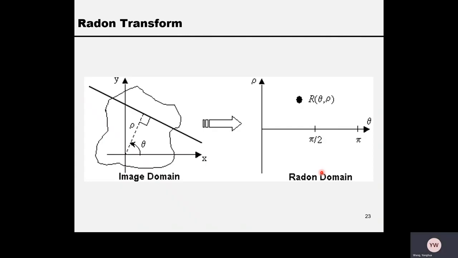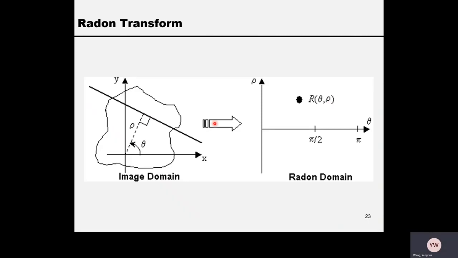The tau-p transform in other fields is called the radon transform. Here, I'll give an example. In the ordinary coordinates x and y, you acquire along this line. Right? You can transfer it to the radon transform domain with the angle, which is theta here, and the radius.